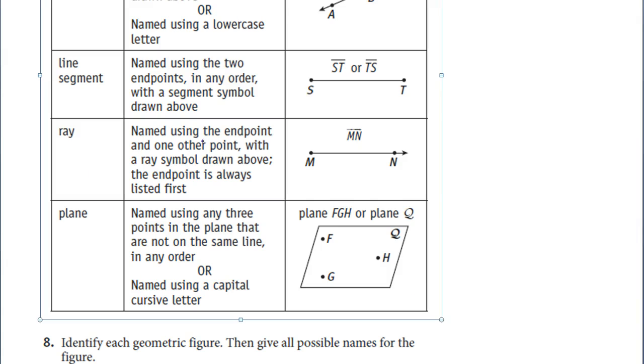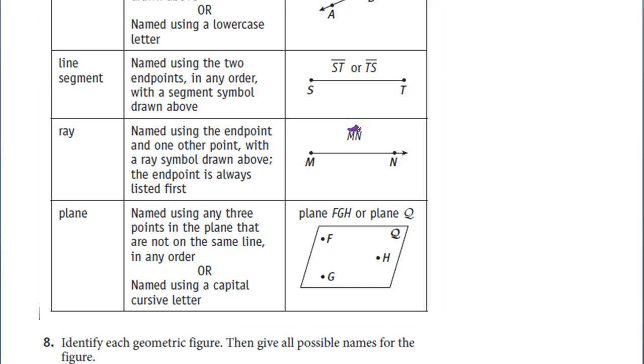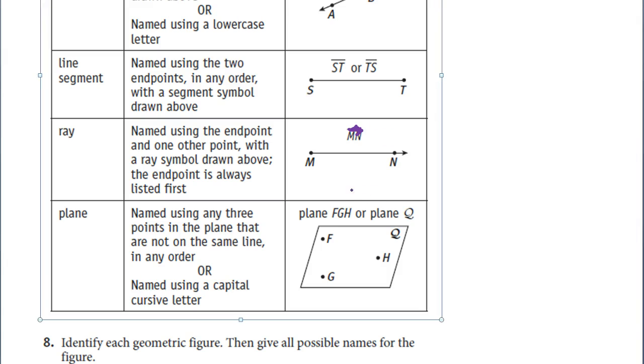A ray is named using the endpoint and one other point with a ray symbol drawn above. The endpoint is always listed first. So in this drawing, the endpoint is capital M. So this is ray MN. Again, it's hard to see, but above the MN, there's the symbol for ray, which is a segment and an arrowhead pointing to the right. You can't call this ray NM because N is not the endpoint.